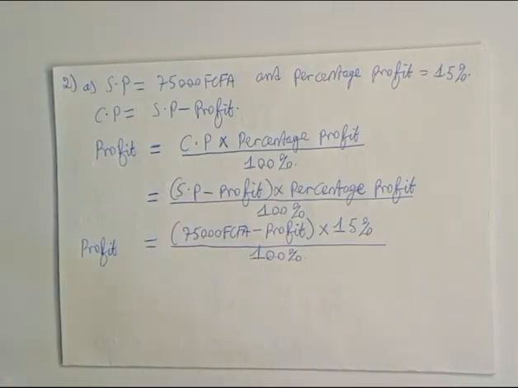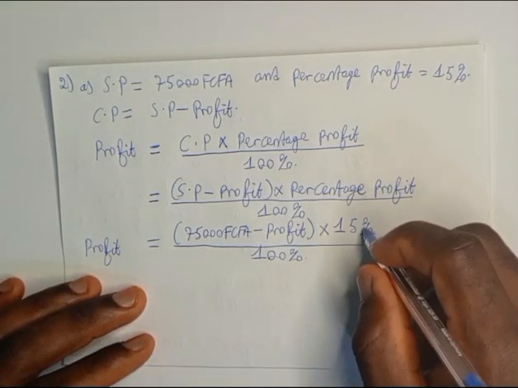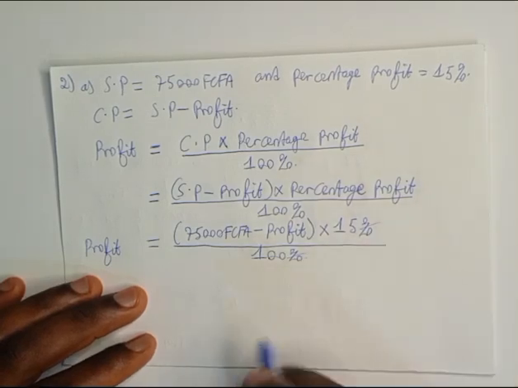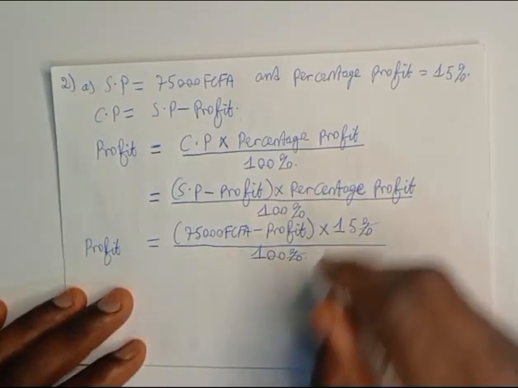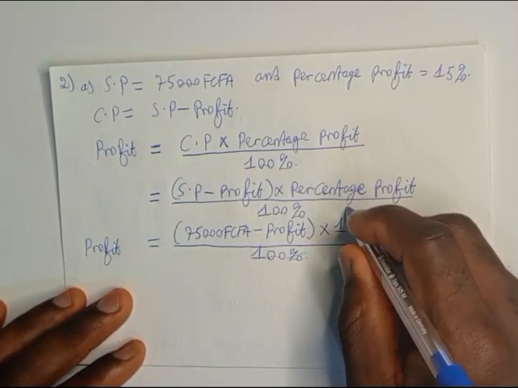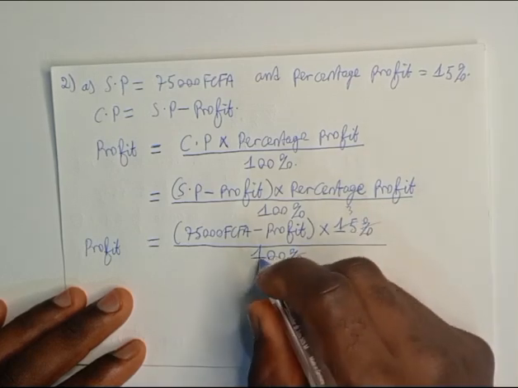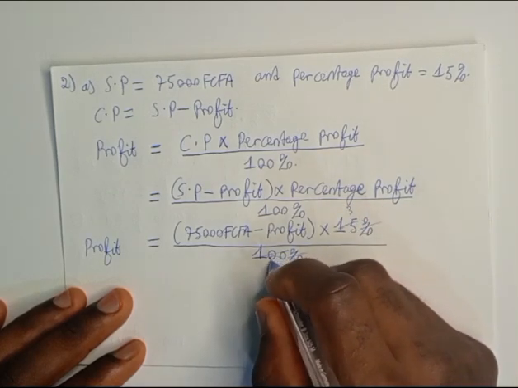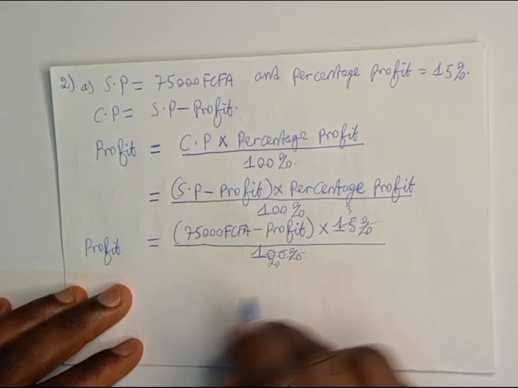The highest common factor of 15 and 100 is 5. You see that the percentage sign here will strike out the percentage sign at the denominator. 15 divided by 5 gives us 3. 100 divided by 5 gives us 20.